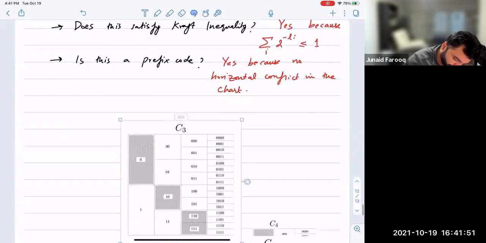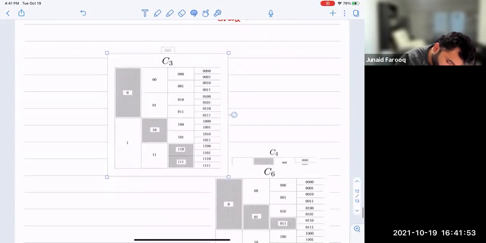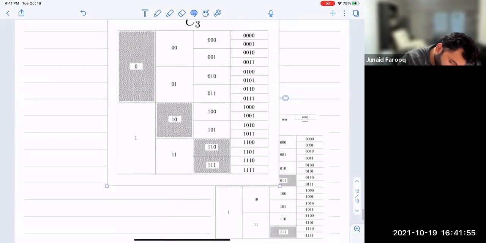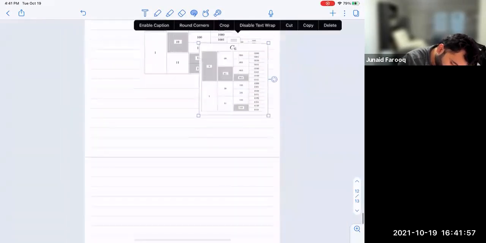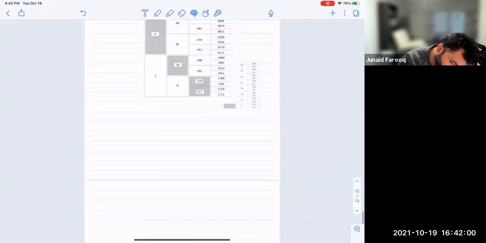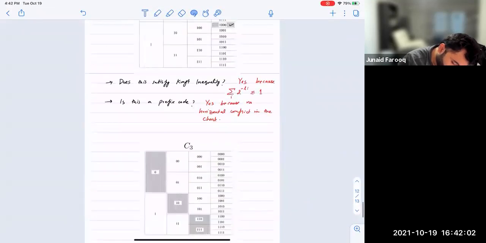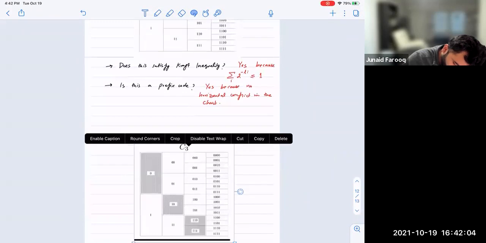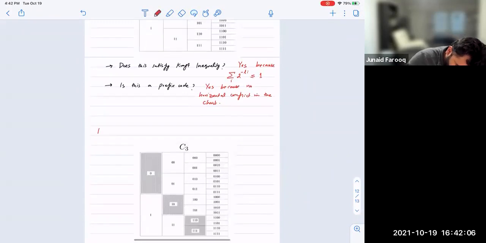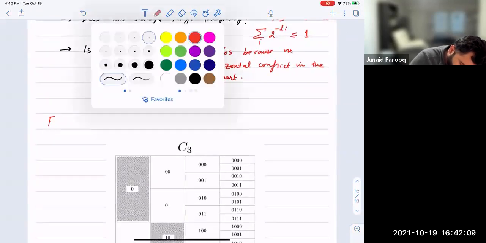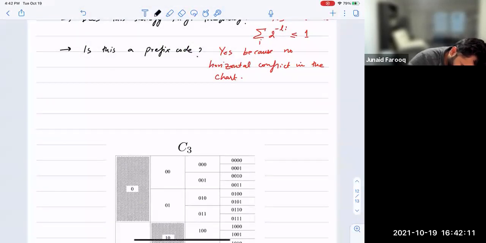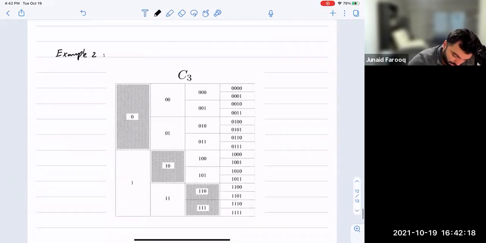Let's take the example of this code C3. Now this code, obviously you see that you picked 0, 1, 0, 1, 1, 0, and 1, 1, 1.